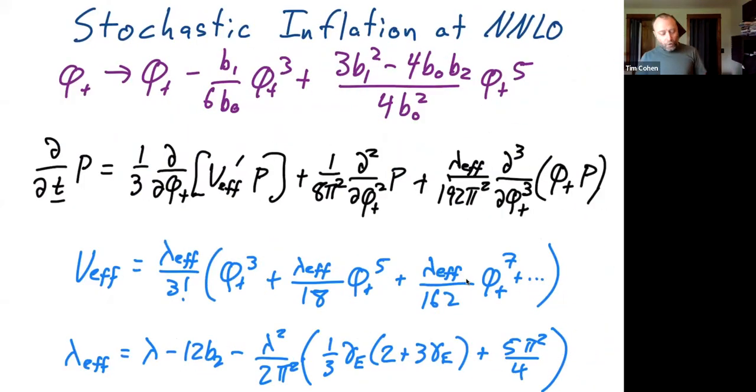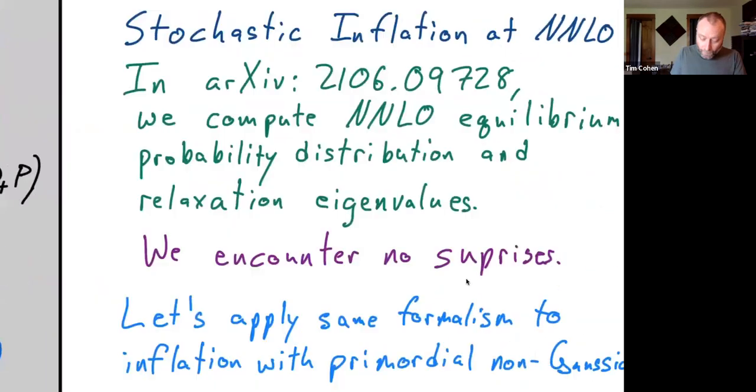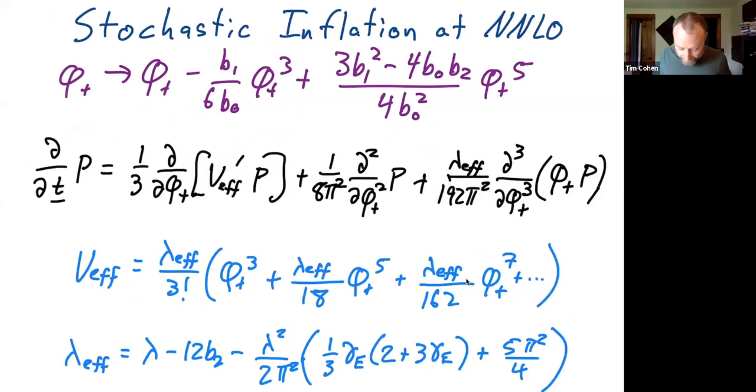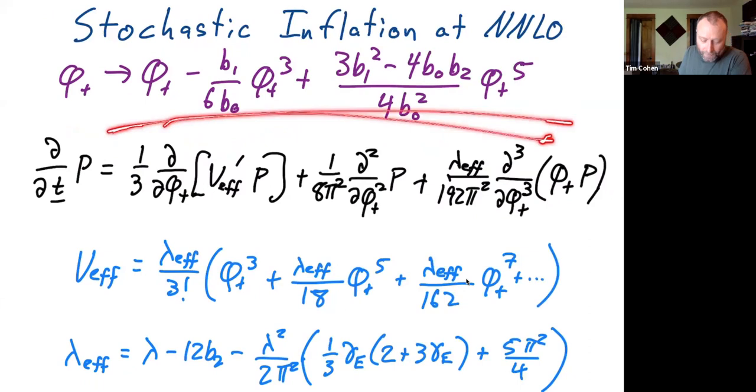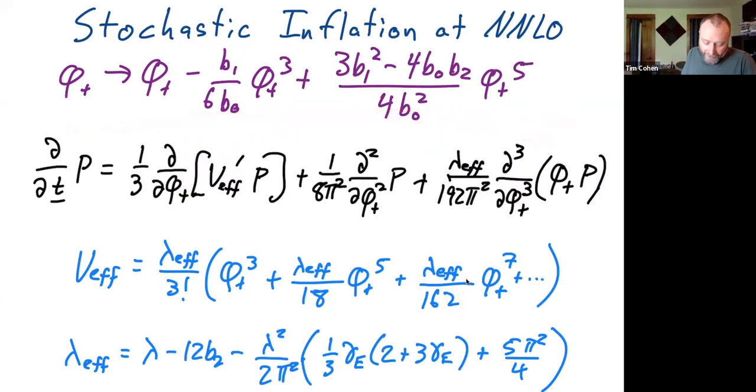Okay, so there's a bunch of diagrams and a bunch of formulas. We can put it all together to compute stochastic inflation for this scalar field to NNLO order, which is the state of the art. And you get a nasty looking formula like this. But then, let me just highlight, after you do a field redefinition, it puts it into a relatively compact form.